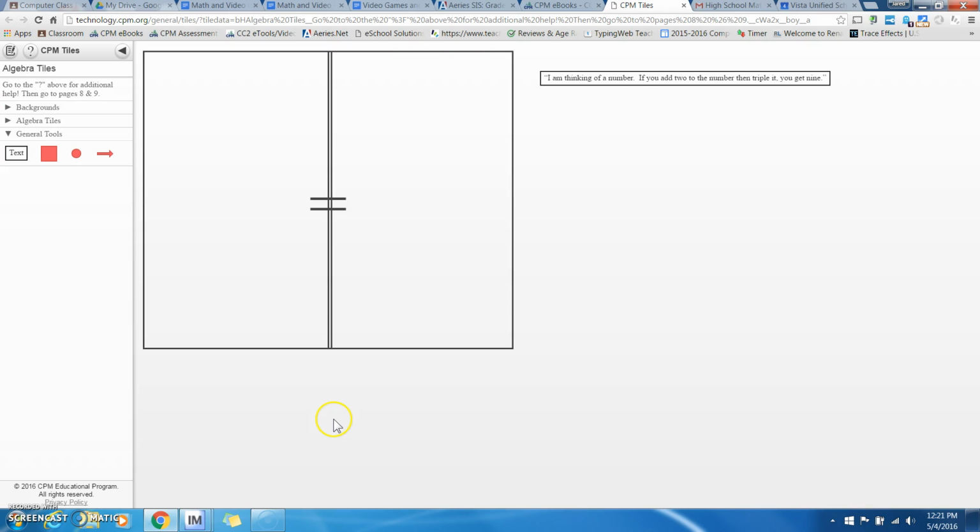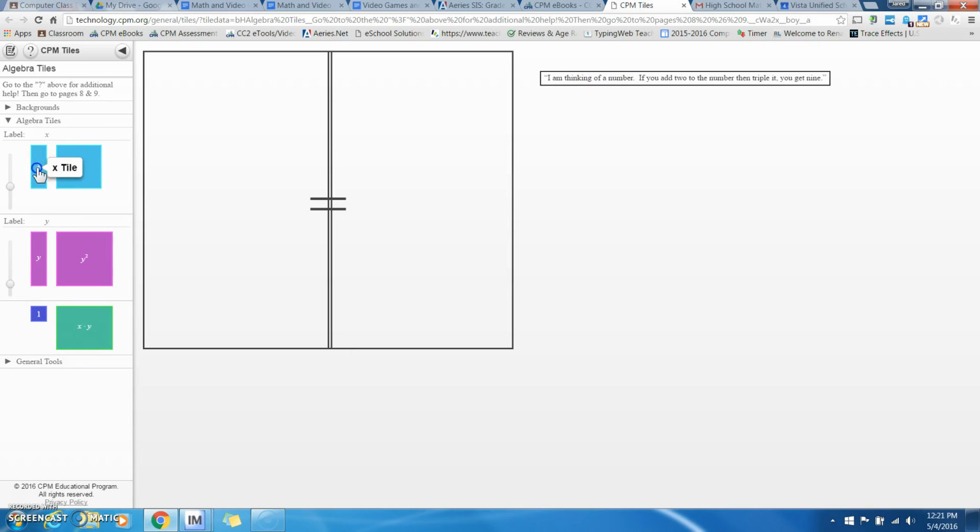Okay, so here's the equation mat. I'm thinking of a number, so we know that number is going to be x. So here's x. Then it says if I add 2 to the number, 1, 2, then triple it, you get 9. So I know 9. So we've got 9 right here. We can see that we still have to deal with the tripling.